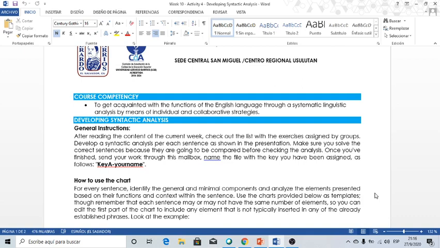We're still going to work in groups this time because it's necessary that we collaborate in order to understand better, to suggest ideas, and also to clarify doubts that one person can have and another classmate can clarify.